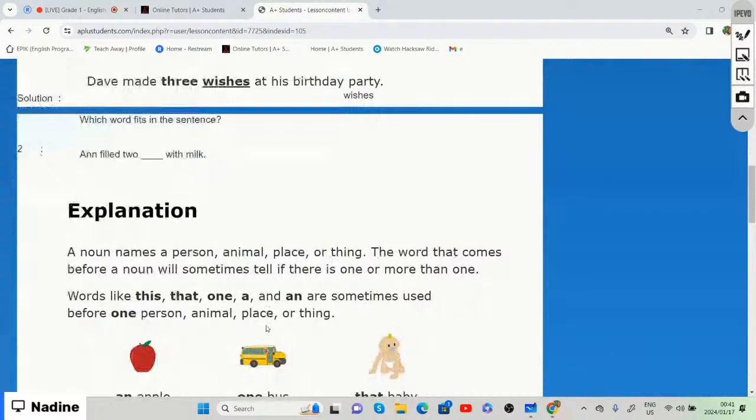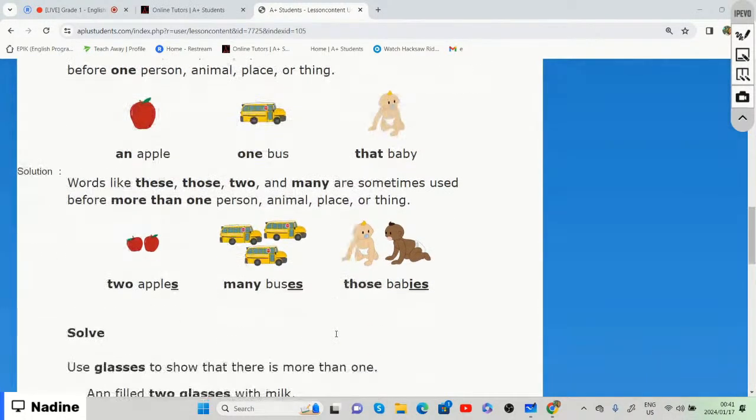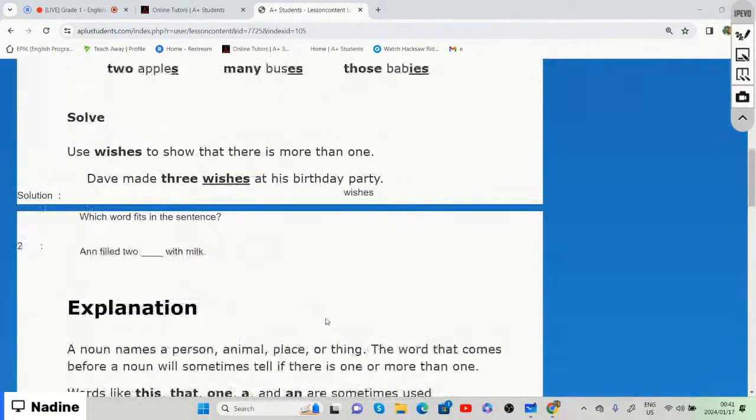All right, so now we need to fill in the noun. And filled two with milk. So we use wishes, three wishes.